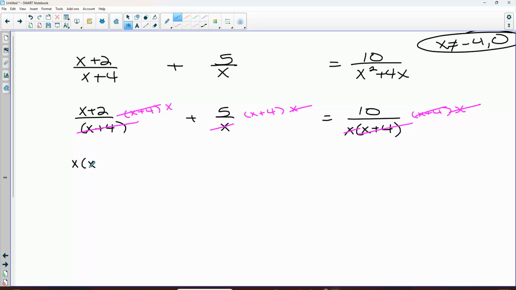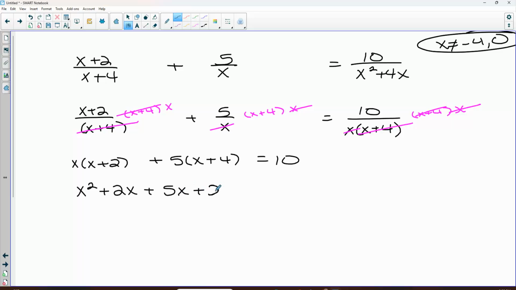So we're left with x times the x plus 2, plus 5 times the x plus 4 equals 10. Are we okay there? Then it's just a matter of multiplying out to solve. So we have x squared plus 7x.